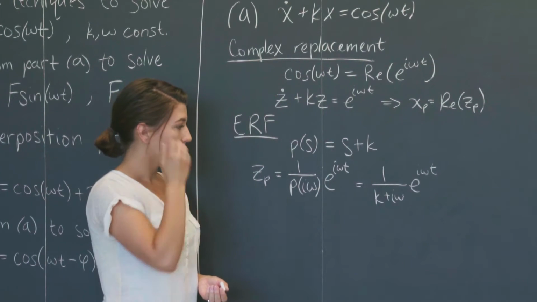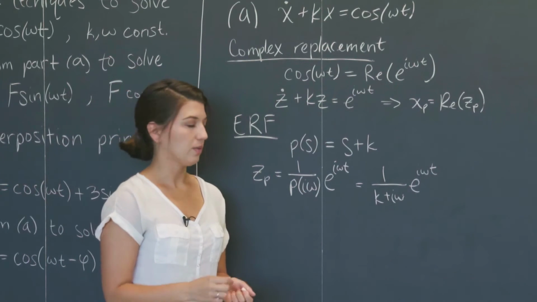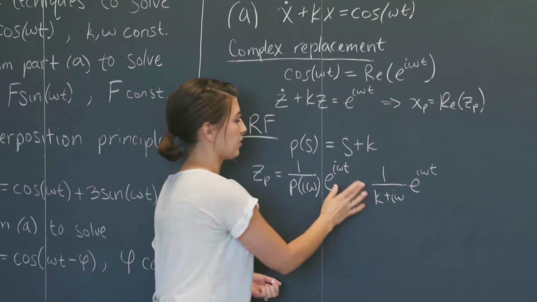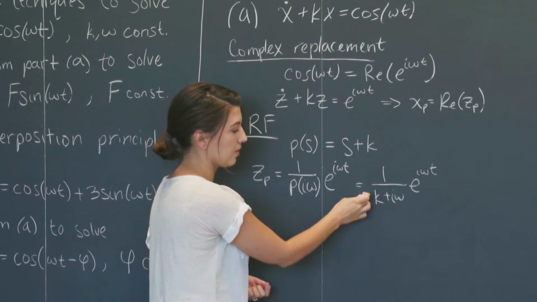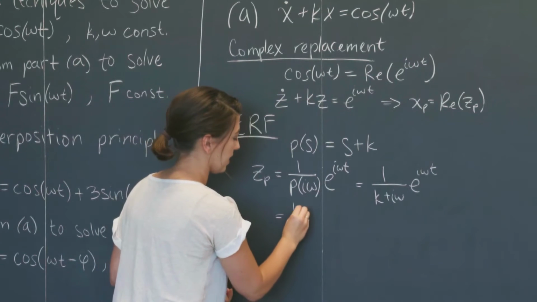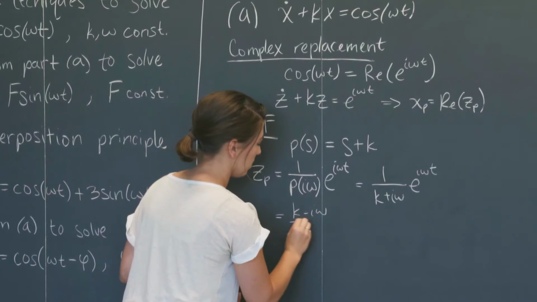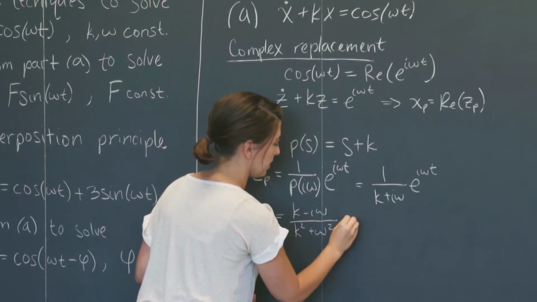Now we're going to decompose z into its real and imaginary parts. So we're going to rationalize the denominator, multiplying the numerator and denominator by the complex conjugate of the denominator. That will give us k minus I omega over k squared plus omega squared times e to the I omega t.